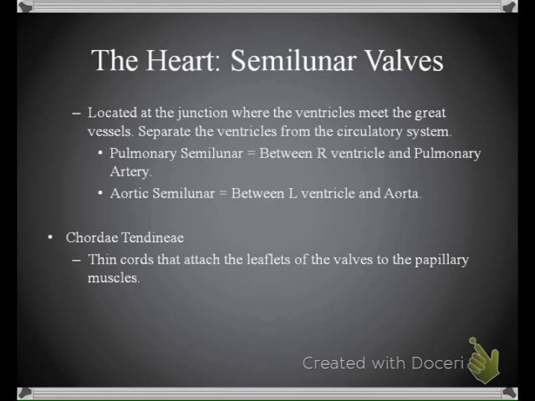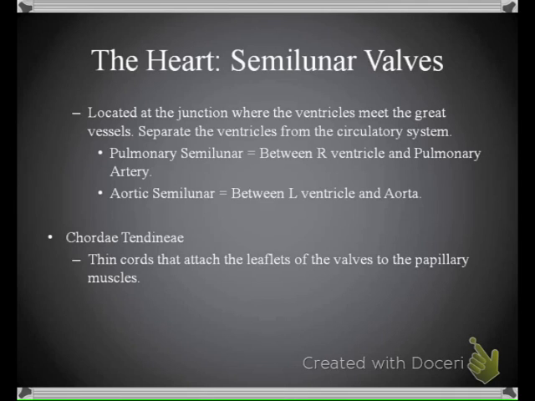Also, the heart has semilunar valves. And we see that where the atrioventricular valves are tending to separate the atrium from the ventricles and to keep blood from flowing from the ventricles back into the atrium, the semilunar valves have the same function but just in a different location. We see that the semilunar valves are located at the junction where the ventricles meet the great vessels.